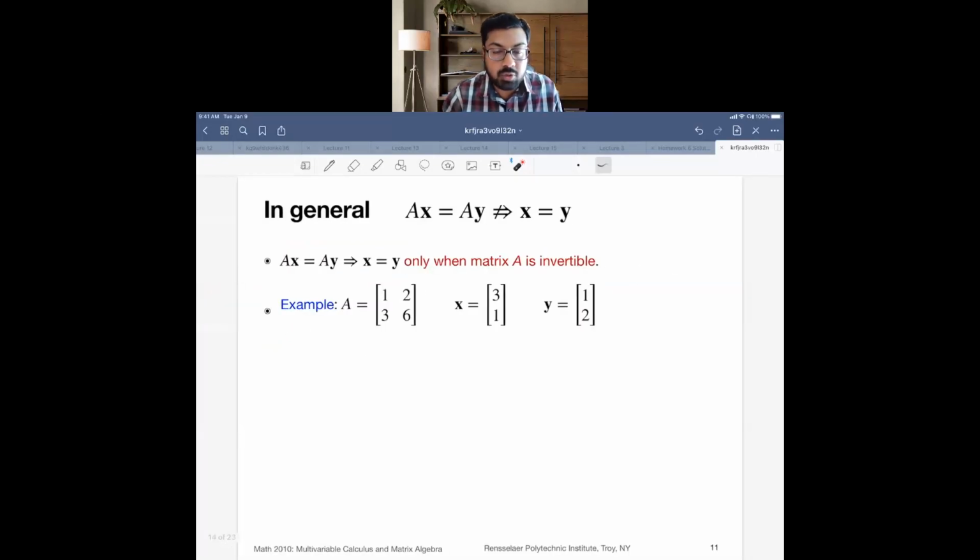Now, a very important note here, and this is not intuitive, right? So let's take a look at this. In general, there's an important note for a general case.